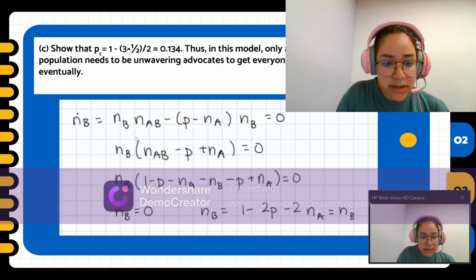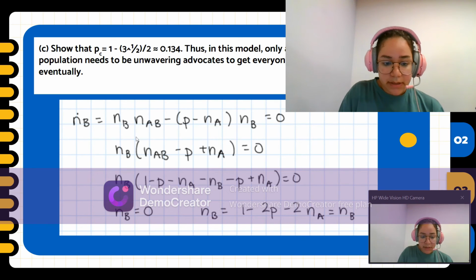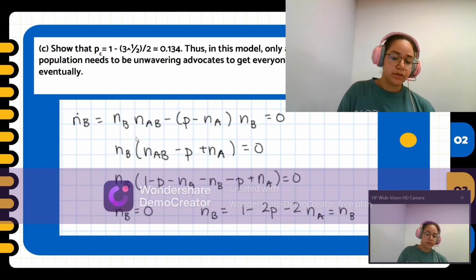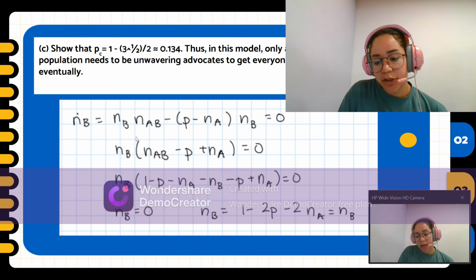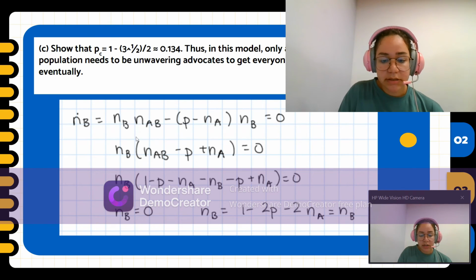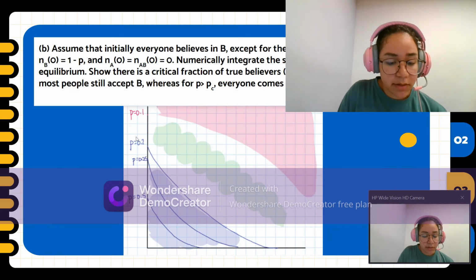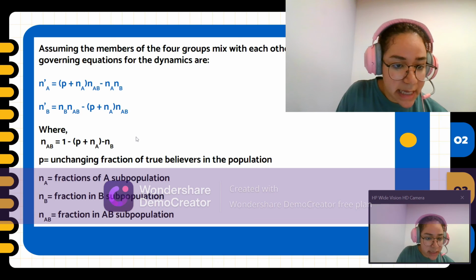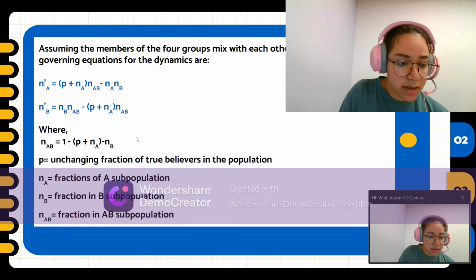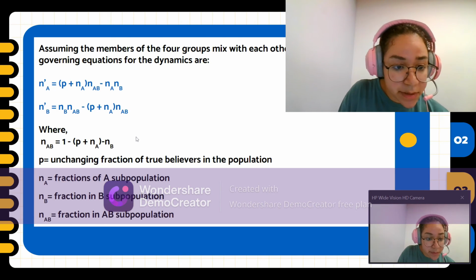After doing some basic algebra, we have that NB is equal to 0 and NB is equal to 1 minus 2P minus 2NA. To get there, we had to substitute NAB into its version of NA and NB, as stated in the middle over there.